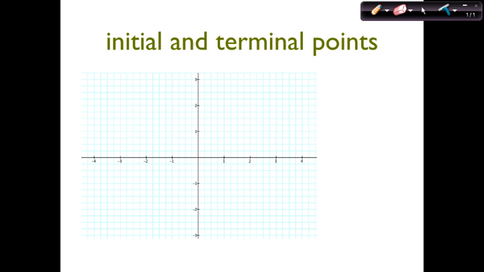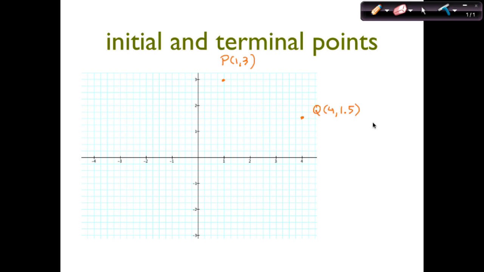Okay, so initial and terminal points. So if I had fixed locations, say point P is 1, 3, and point Q is 4, 1.5. You can define two vectors from these two points, right?